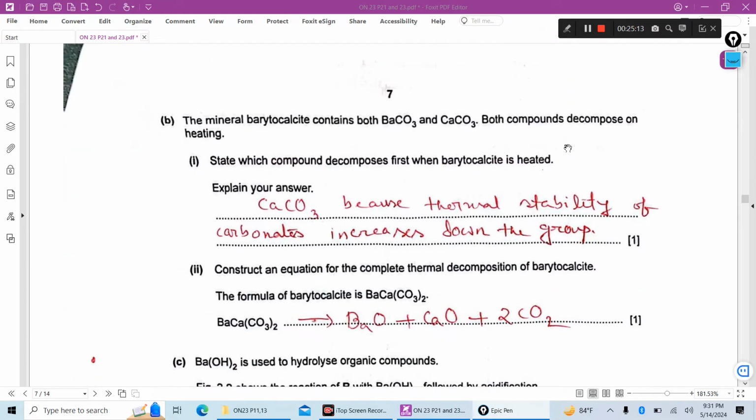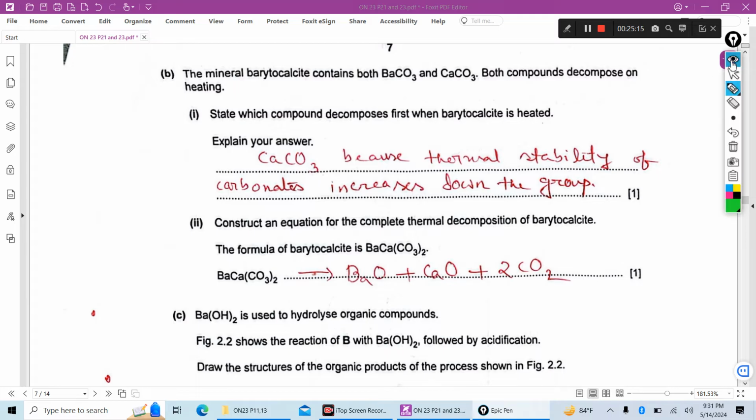Then B, the mineral barytocalcite contains both barium carbonate and calcium carbonate.